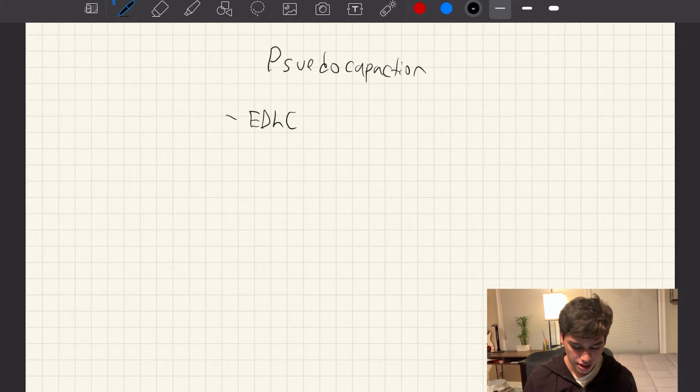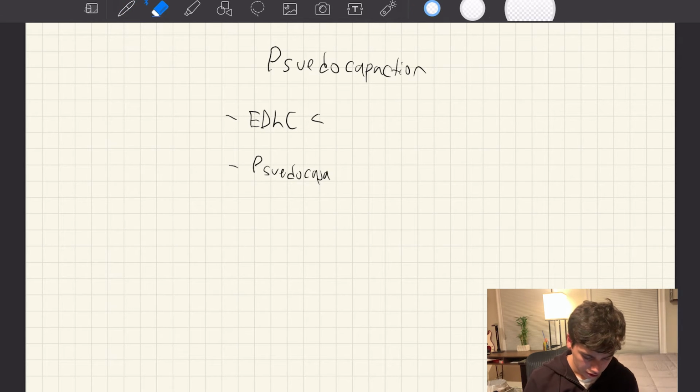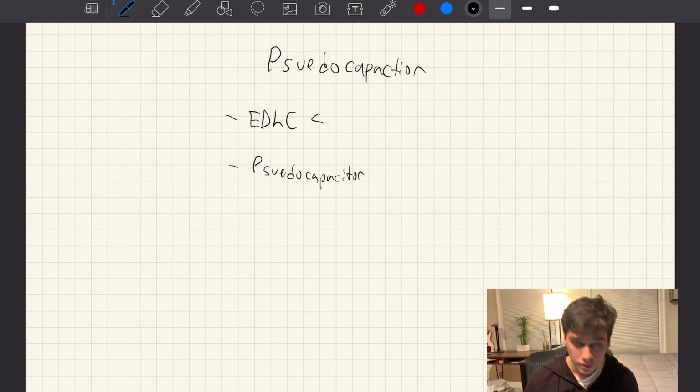The energy density for an EDLC is actually less than it would be for a pseudocapacitor, and that is really important if we're trying to replace batteries, because to replace batteries we want high energy density.